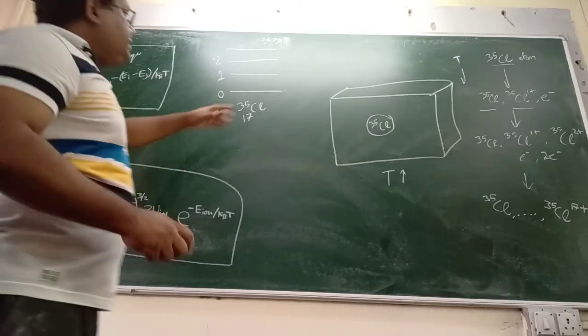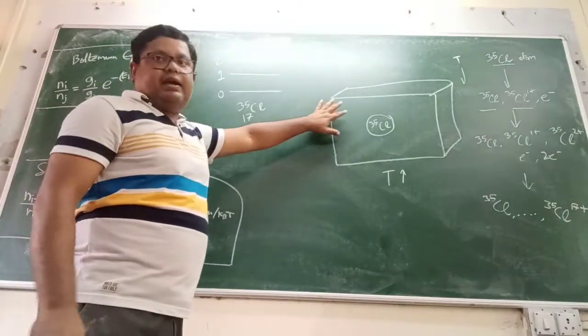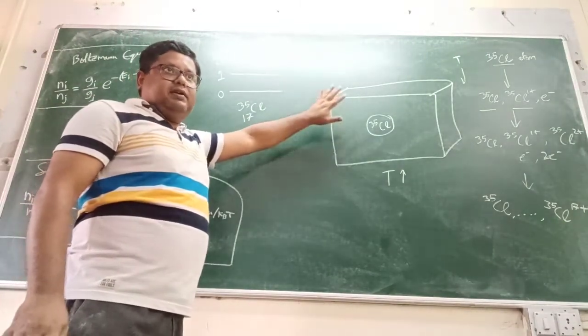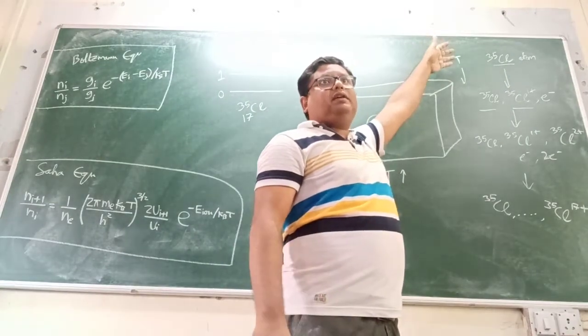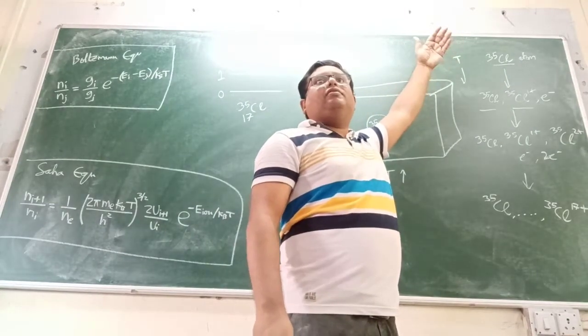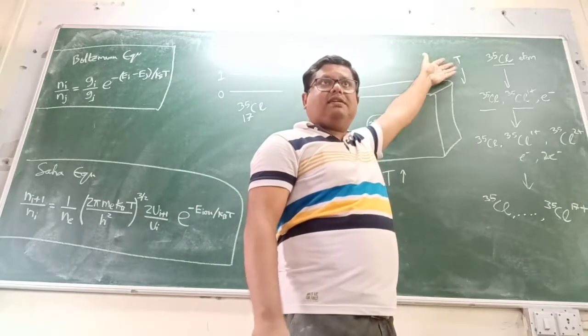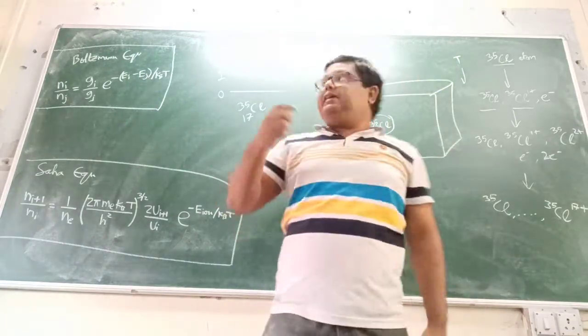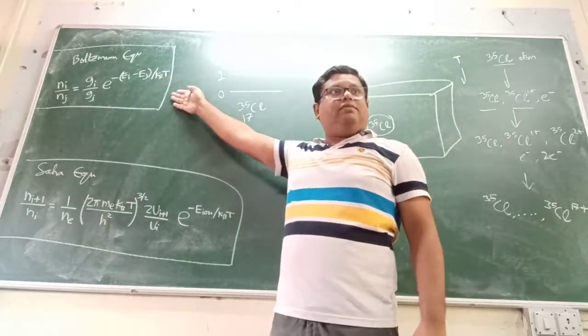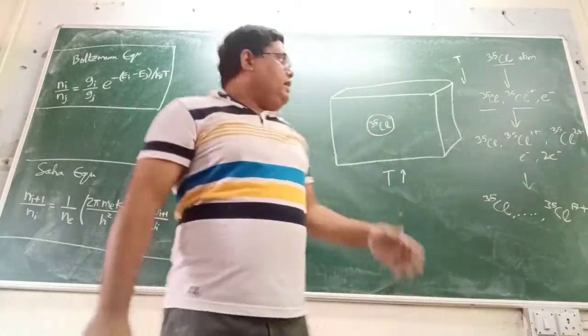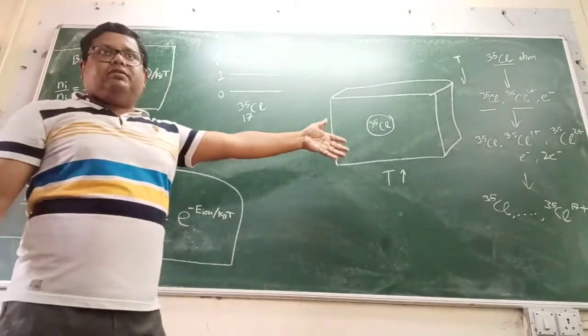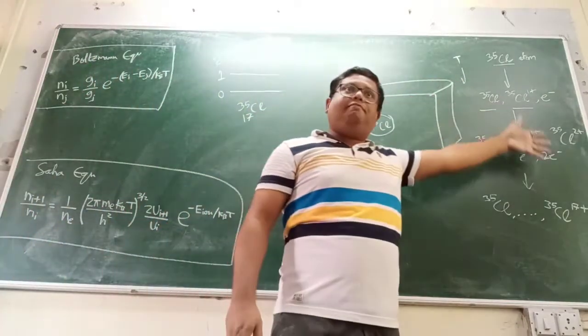Okay, so as I was saying previously, when we have only 35 chlorine atoms and you asked me, sir, how many 35 chlorine atoms were there in the first excited state, second excited state, even at room temperature, then at that time only the Boltzmann equation will help us find this. Okay, now as the temperature keeps on increasing, the family becomes bigger and bigger.